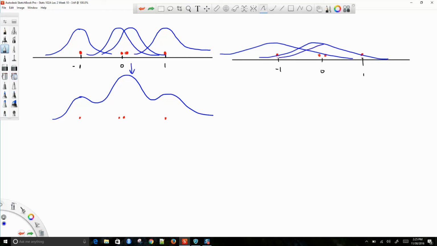Something like that for the two curves centered there, and then something right there. And so when we add them together, what do you think this overall curve would look like?